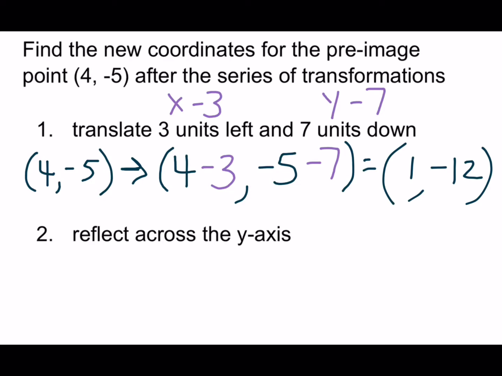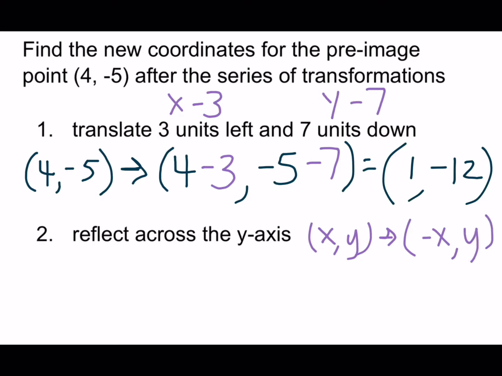What we're going to do with that is reflect it across the y-axis. So the coordinate notation for reflection across the y-axis tells you that your original coordinates, x, y, are going to change, and your x values become the opposite. Your y values stay the same.